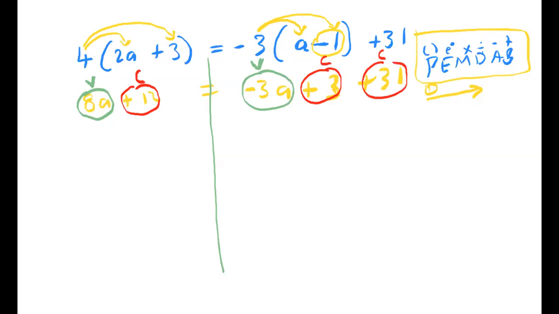First, we have to work on putting the constants on each side together before we start moving them across. So let's put the two constants on the right together. 3 plus 31 is going to give us 34.